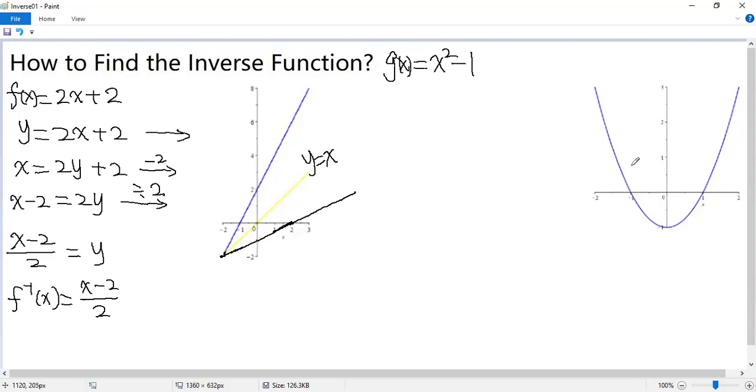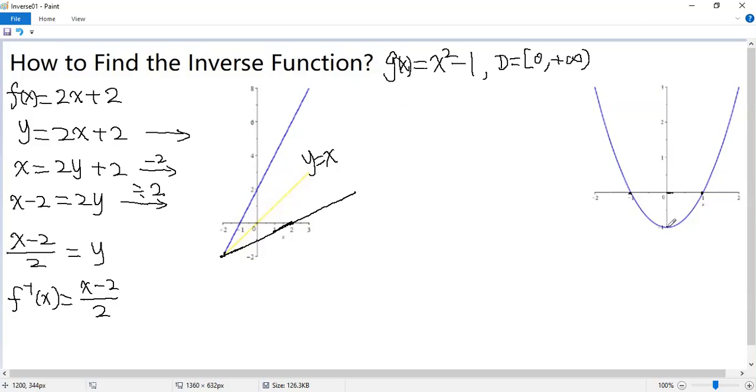You see from the graph, it is not a one-to-one function because y equals 0 corresponds to two different x values, -1 and 1. So it does not have an inverse function, but we can confine the domain to positive x or negative x, say positive x. So the domain is 0 to positive infinity.